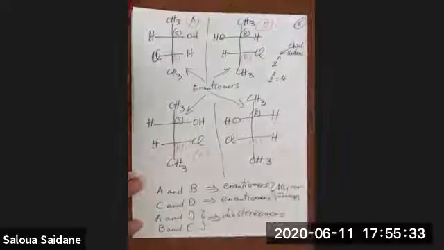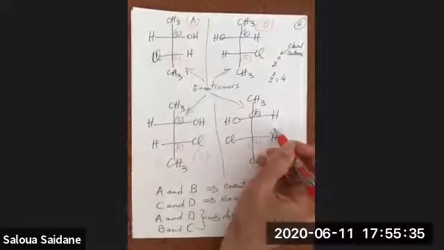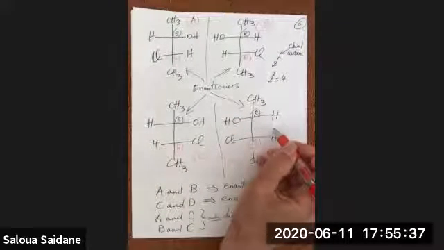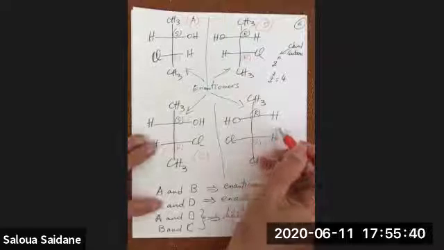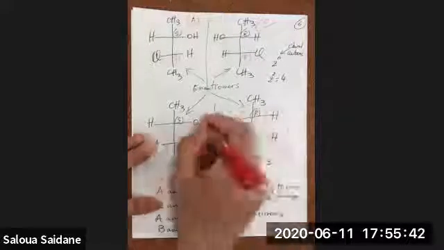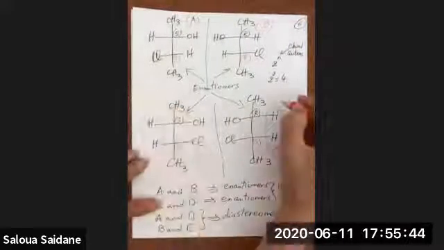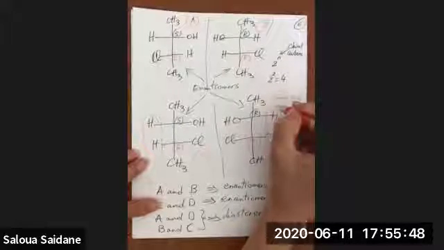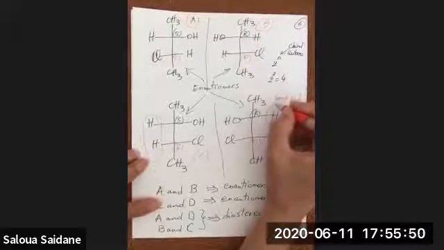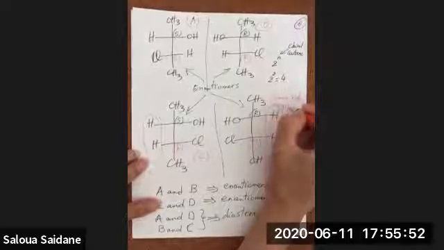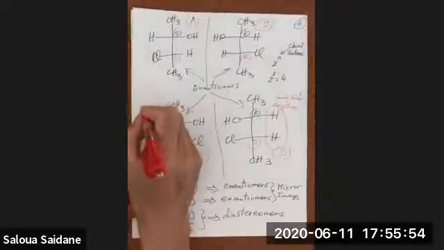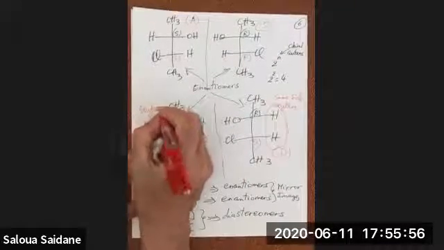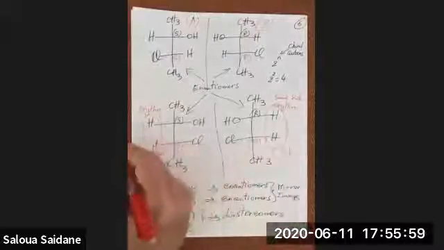Now, another thing about these, and you see it in your textbook on page 165: if your H's are on the same side, they are considered erythro. There's another term. So these are erythro, meaning that the H's are on the same side.